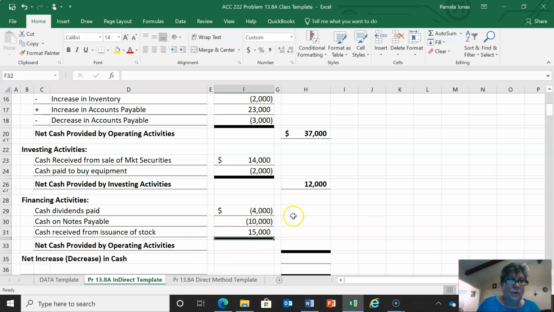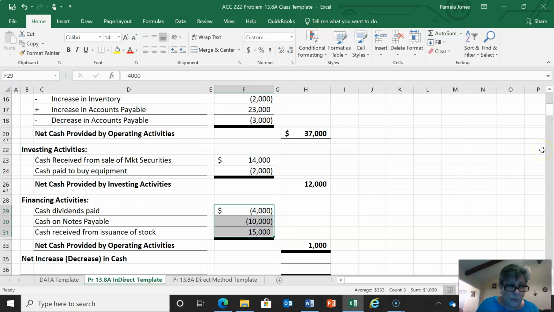All right, so that's everything in our financing activities section. We've got $14,000 in negatives and $15,000 in positives. So we've got, once again, net cash provided by financing activities in the amount of $1,000. And again, these are in the outer column because they are sums of the amounts in the inner columns.